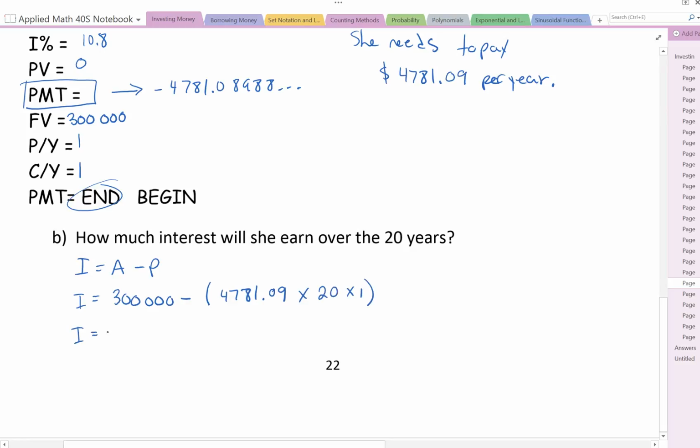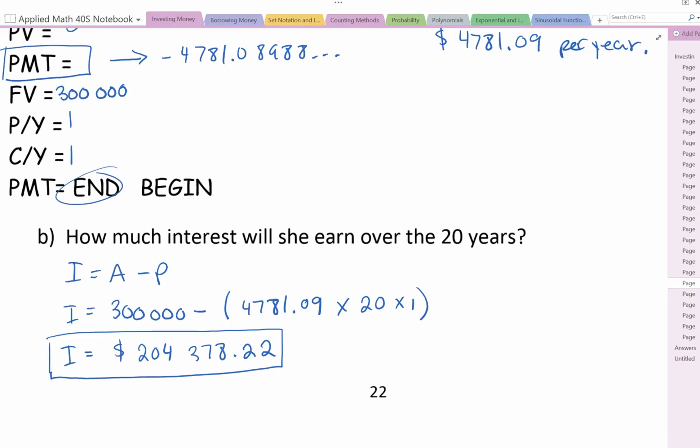If we do that, we get our interest as $204,378.22, which is a large amount of interest to have earned. All right, last question, example 5. Oh, and for B, if you wanted to use your sum of your interest formula, you can use that as well if you wanted to do that right in your TVM solver.